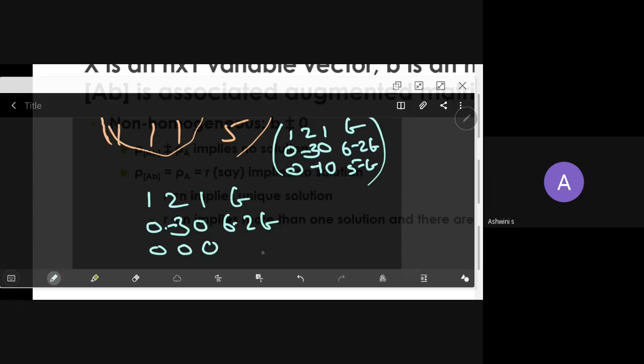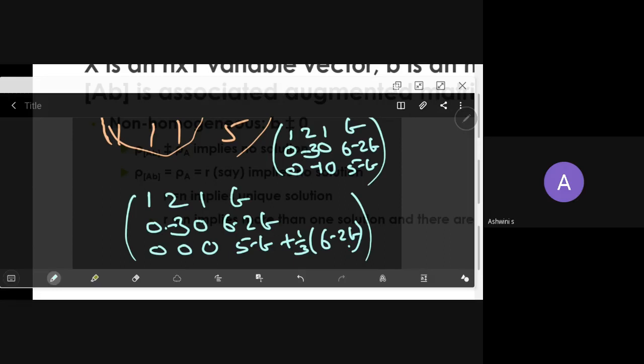So it appears 5 minus b plus 1 by 3 into 6 minus 2b. Good. Okay, this is our matrix. So the conclusion is that it is not always consistent.